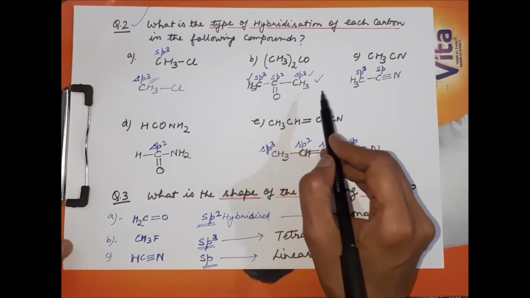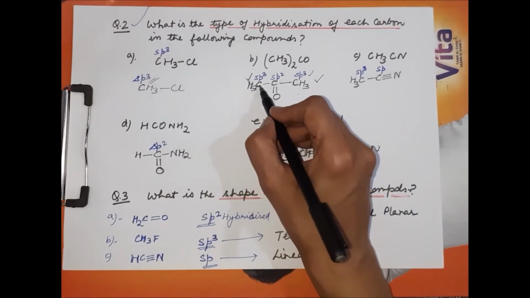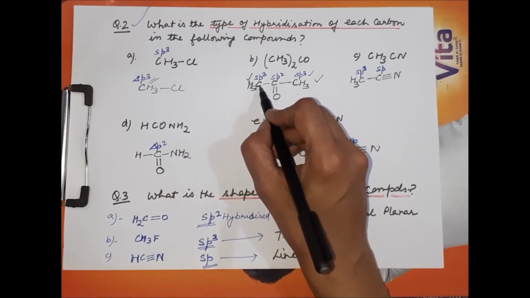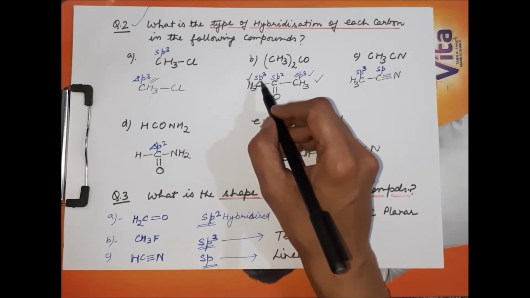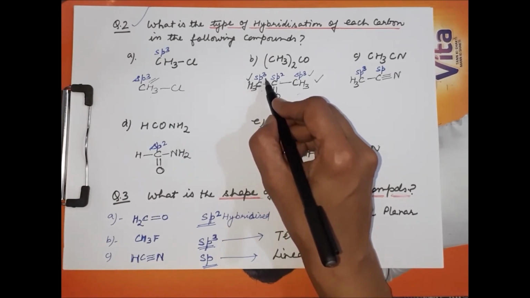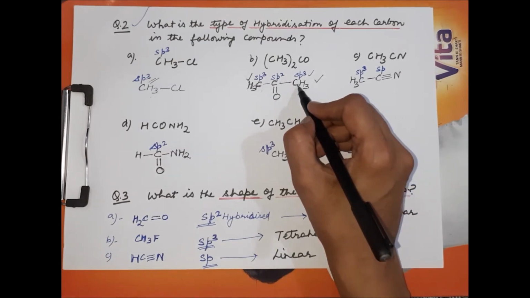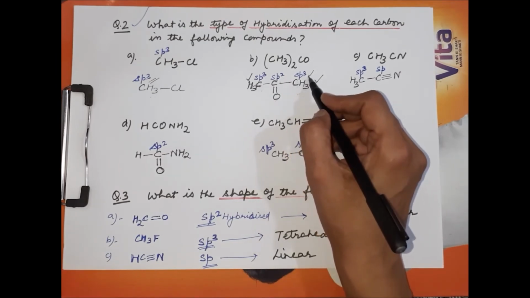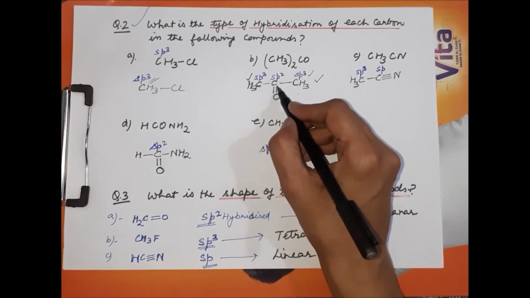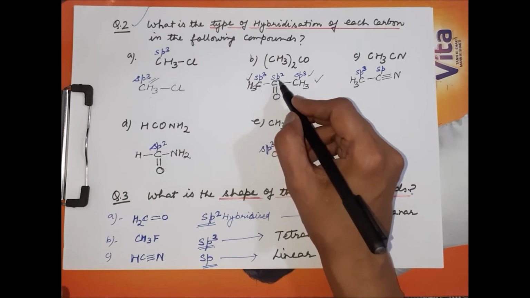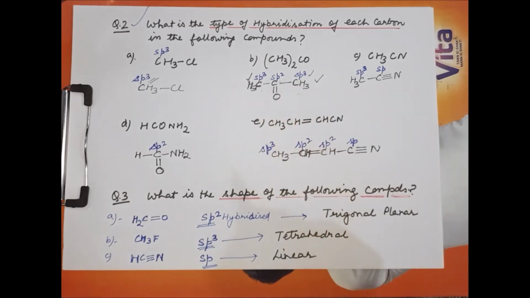This carbon is having only single bonds, so this will be sp3 hybridized. Same with this CH3 group, this carbon will also be sp3 hybridized, but this middle one, because this is having one double bond, this will be sp2 hybridized.